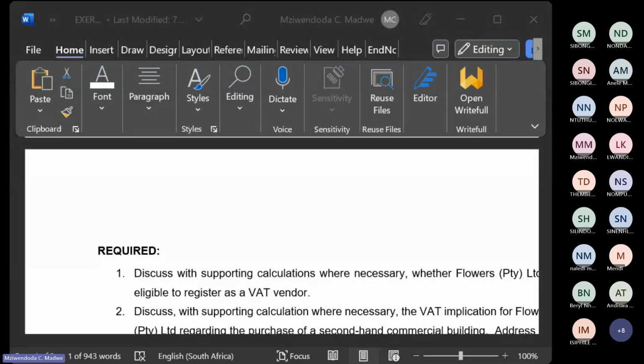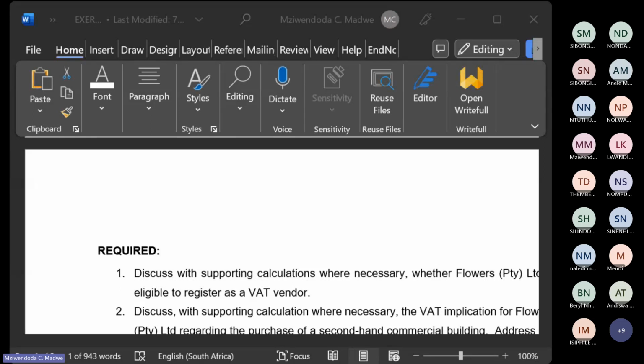One of the things that you have to understand when you are dealing with VAT in terms of VAT administration is that in order to be in a position to claim a VAT input, you must first register as a VAT vendor.